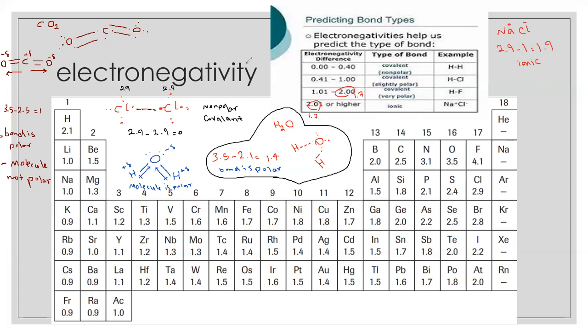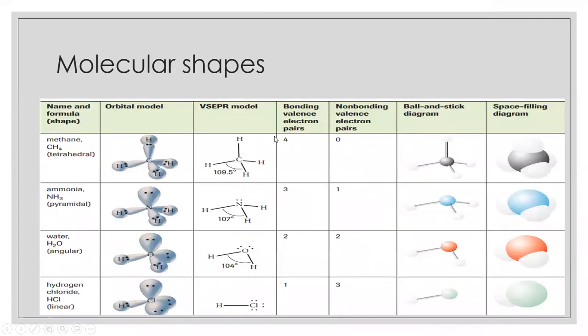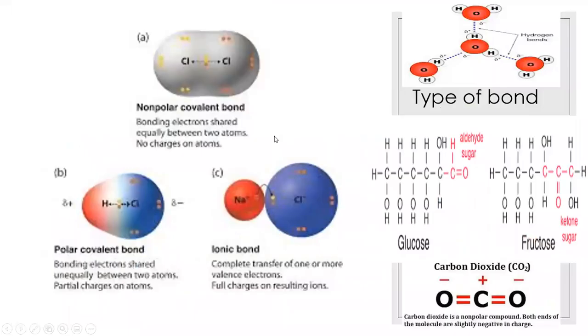Okay, so let's go back to the previous page and talk about the previous examples. As you see, in Cl2 they have the same electronegativity. The electrons are spent the same amount between these two Cl.